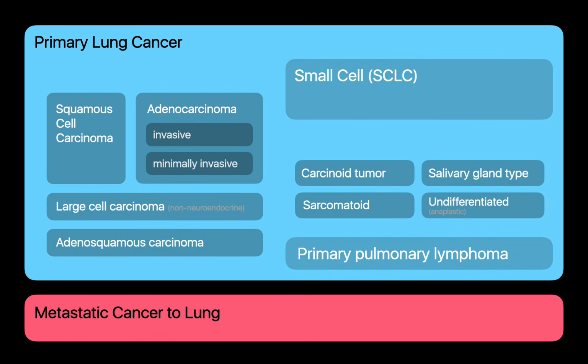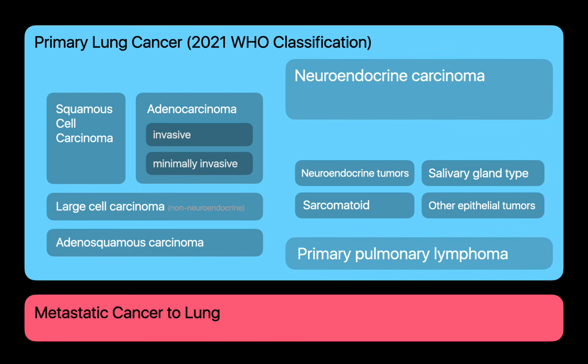Small cell lung cancers fall under a category named neuroendocrine carcinoma, while carcinoid tumors fall under a category called neuroendocrine tumors. With a final category named other epithelial tumors, we arrive at the 2021 WHO classification of primary lung cancer.